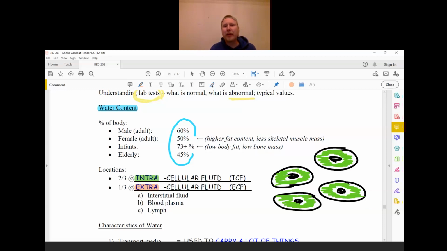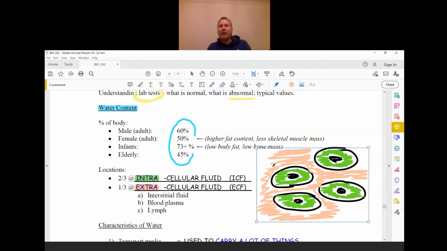And places where we find this are, for example, within the interstitial fluid, but also within the blood plasma and the lymph. So again, some amount of the fluids are located also outside the cells, but at large that volume is lesser.